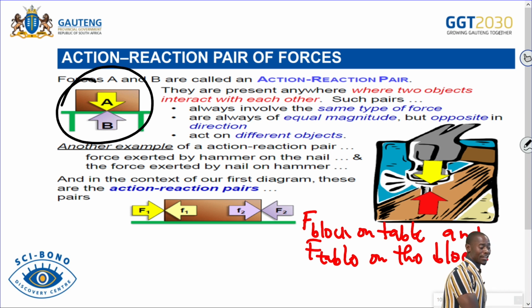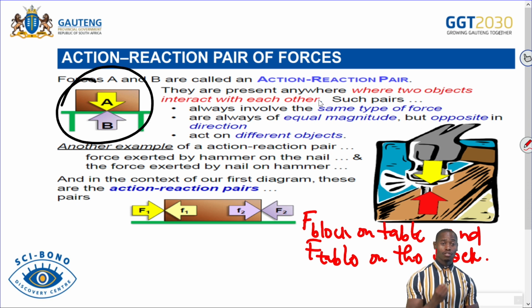So these are action-reaction pairs. These two bodies exert forces on each other, right? There is a force exerted by object A on object B, and at the same time object B exerts a force on object A.